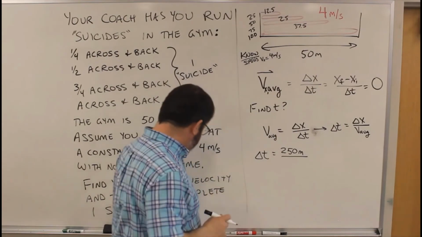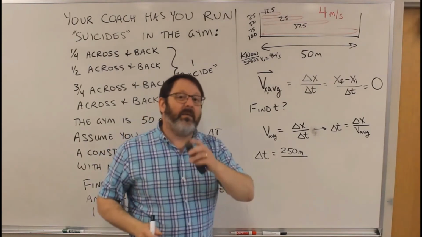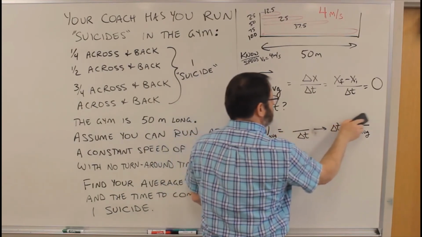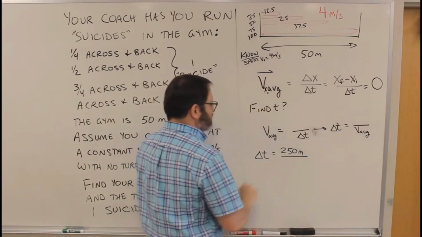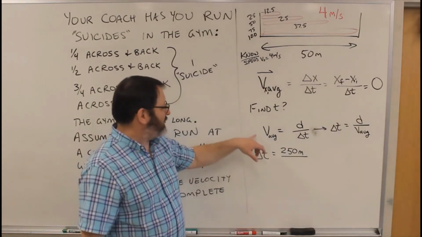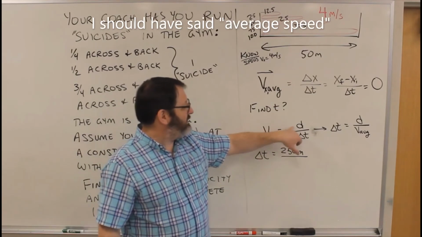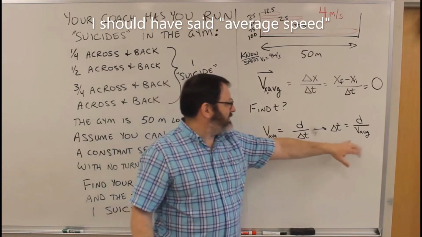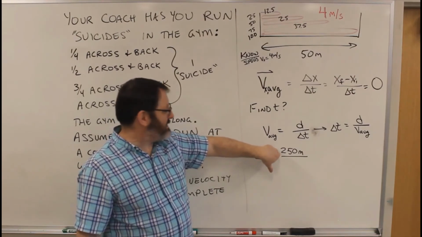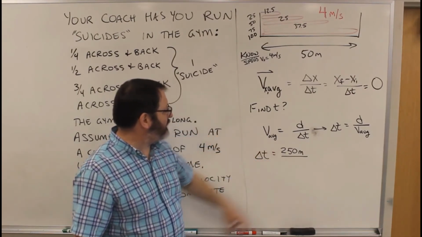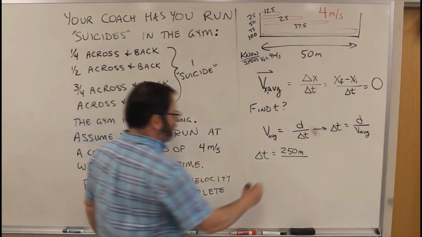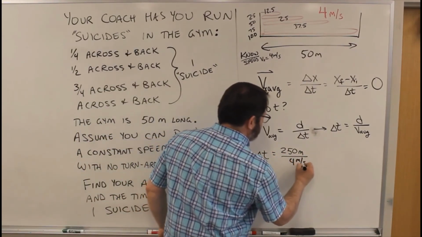You know what? Did you see? I make errors sometimes. I shouldn't have used delta x here. Delta x is a change in position. I should have used d as my description. So the time is d over the average speed. So 250 meters, that's the d, it's not the change in x, divided by the average, which is 4 meters per second.